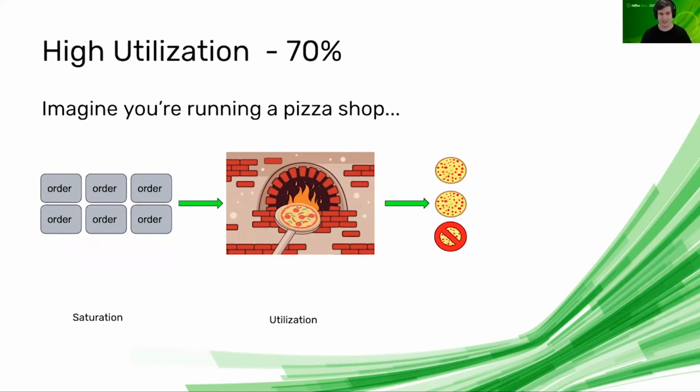So if it bursts up temporarily at that 70% utilization, you're going to see a massive spike in your saturation, and then you're going to spend a lot of your time just trying to catch up, so you're not going to be performing as optimally as you can be, and your saturation will just start ballooning. So you want to pay attention if you're looking at utilization. Anything above 70 is usually a signal that there's something wrong.